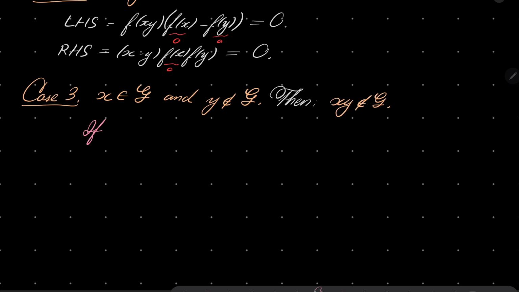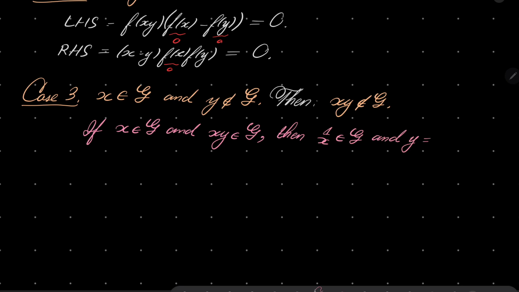If x is in G and xy is in G, then, well, 1 over x is in G because it's a group, and y, which is equal to xy times 1 over x, is also in G, which is contrary to the supposition that it isn't. So this little explanation shows that xy is not in our group.